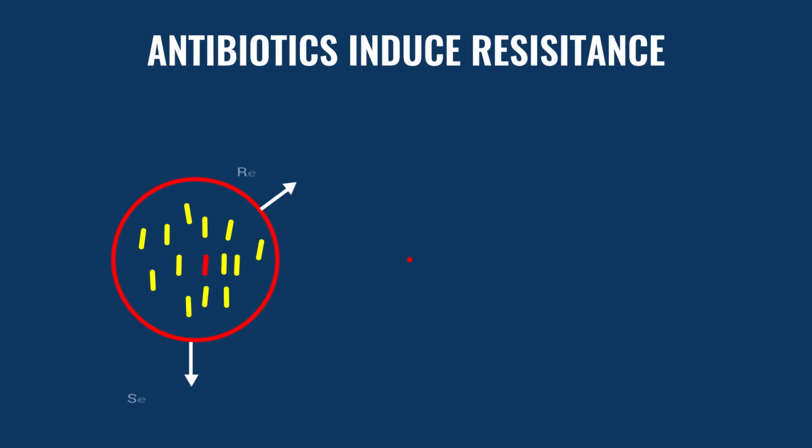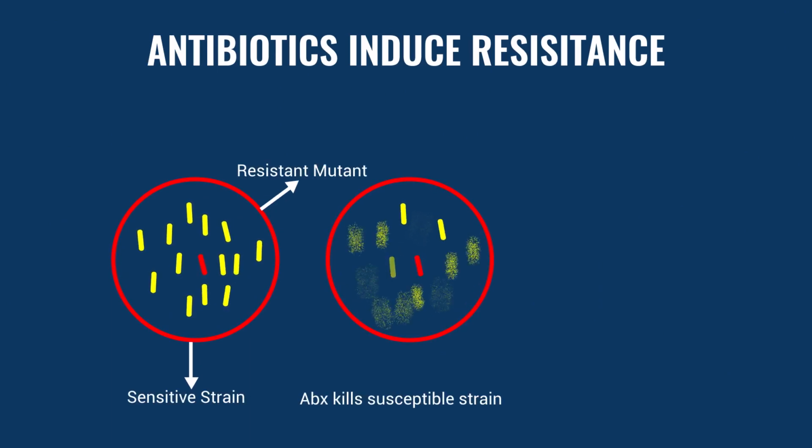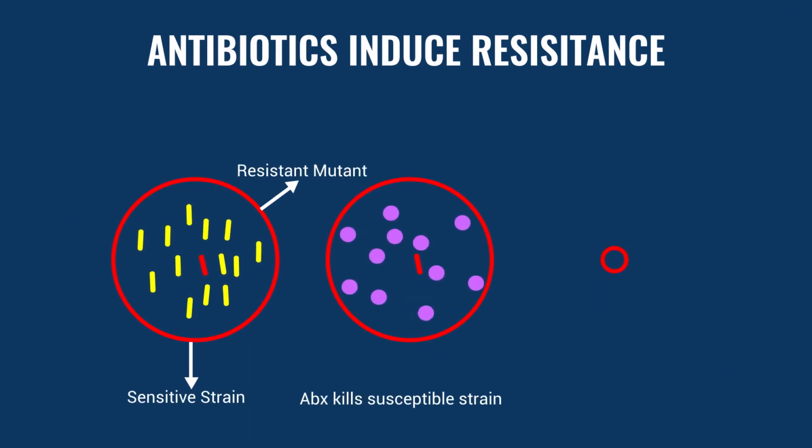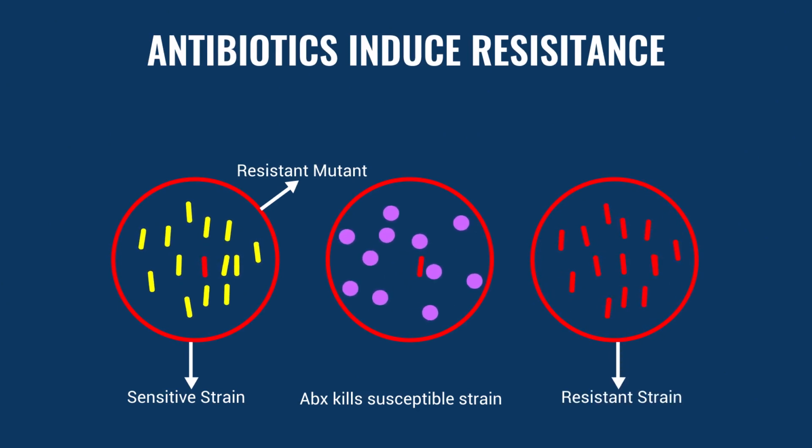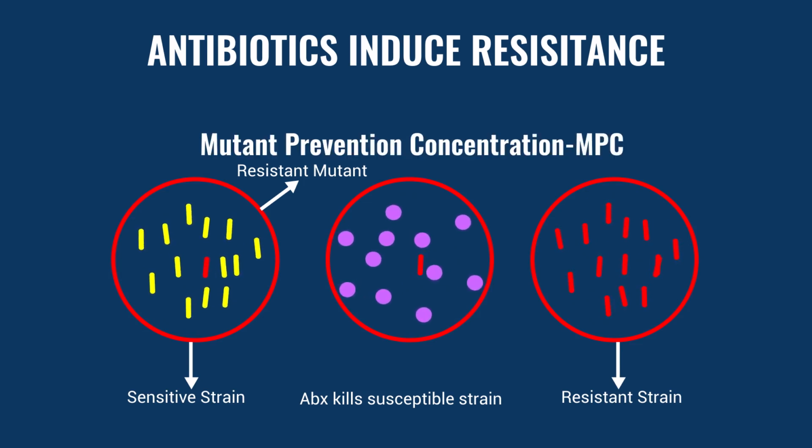So far we have talked about the effect of antibiotics on killing the bacteria. However, we understand that antibiotics also induce resistance. If I give you an antibiotic for a long period of time, it destroys the susceptible bacteria, but then the other bacteria start growing up and you get a resistant strain over a period of time. For me to prevent it, I need to achieve much higher concentrations, and those are called mutant prevention concentrations, MPC, not MIC.